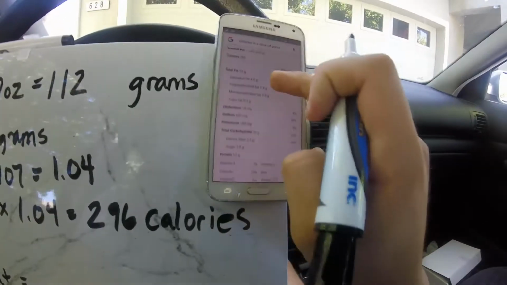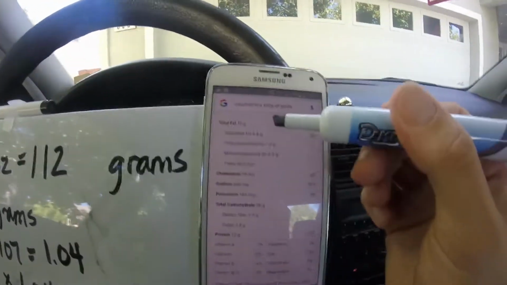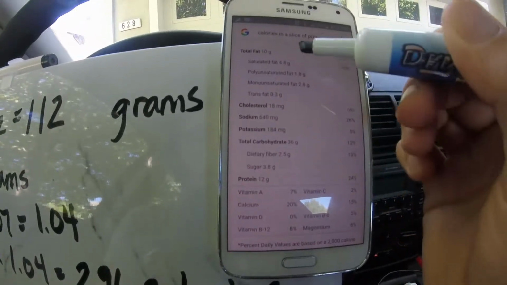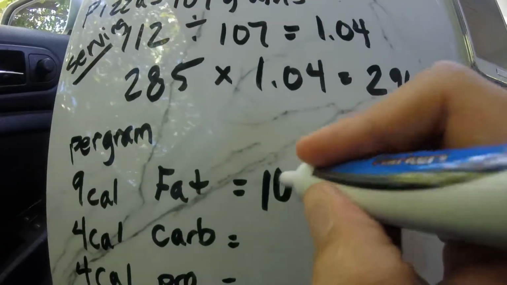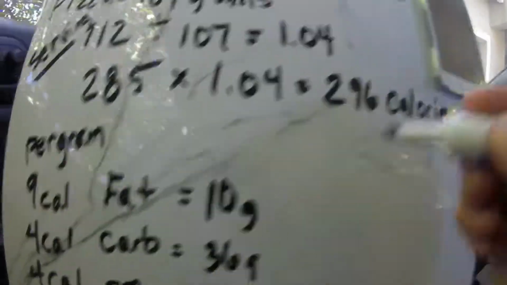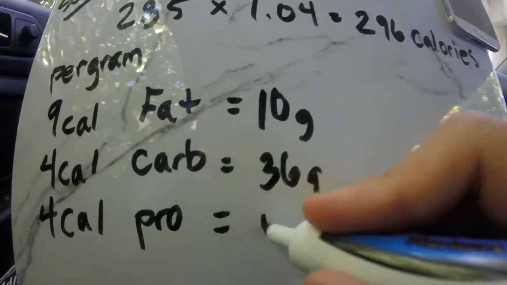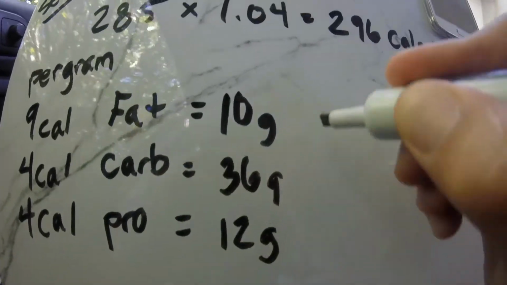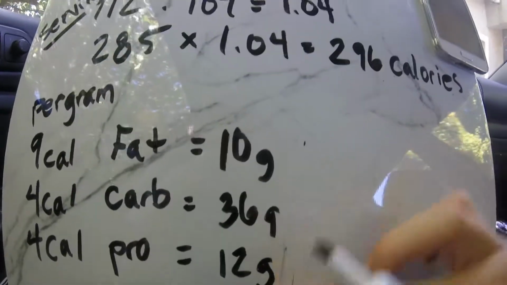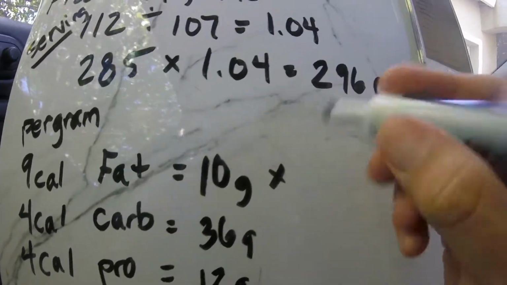So the more energy dense macro group is fats. It is over twice as much energy value as the other two. So fats, carbs, and proteins, this is as they would be listed on the ingredients label. And we'll just simply take how many grams are in this times our serving, and that will give us the amount of grams that are in our 4 ounce slice of pizza.